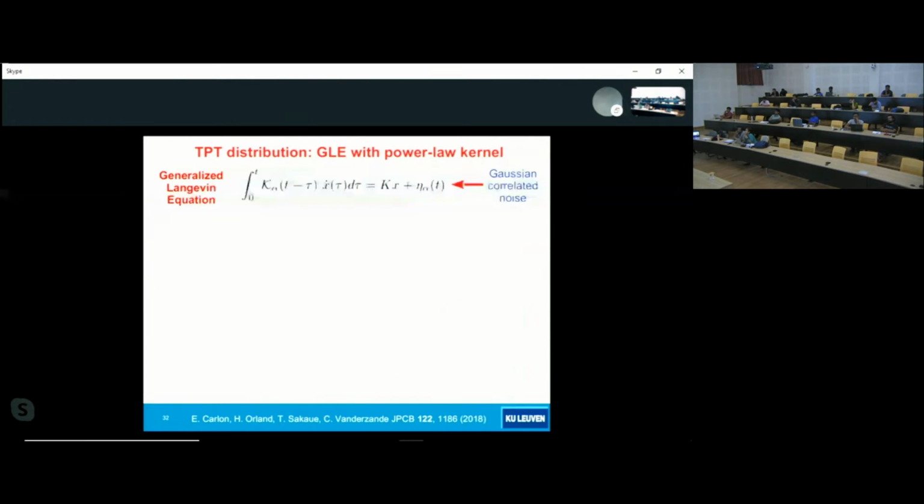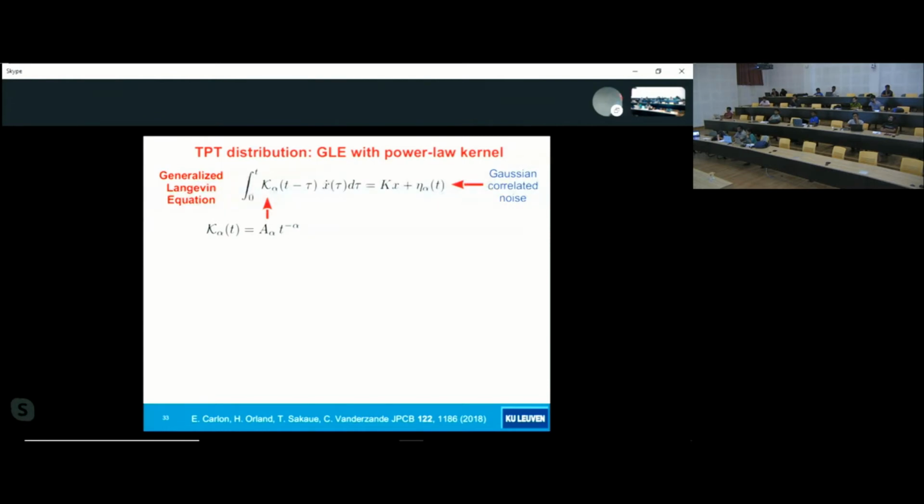Right, so this was our first work. Actually, we found out that this could be easily generalized to the generalized Langevin equation. You know that the generalized Langevin equation describes more complex processes where one has memory, and this calligraphic K of alpha is a memory kernel.